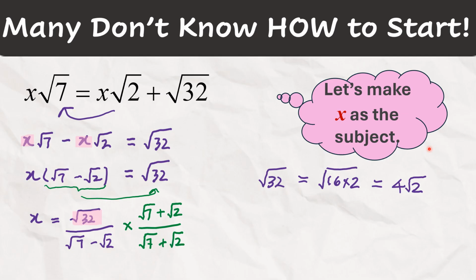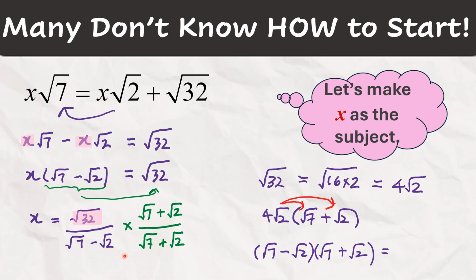And not only that, if I'm going to multiply the surds together, I will also need the skill of how to multiply 4 root 2 to the numerator, which is root 7 plus root 2. This simply means I could apply the rainbow method. And lastly, if I look at the denominator, I will be able to multiply the conjugate surds together, and this should give me 7 minus 2.